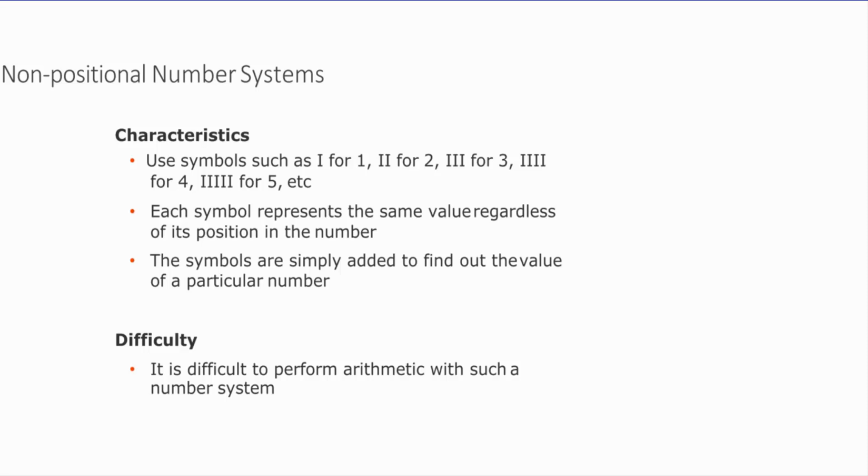The non-positional number systems are the number systems which do not have any place values, or you can also say which do not have any individual position values. For example, if I write 1 with a symbol like I, this means 1.